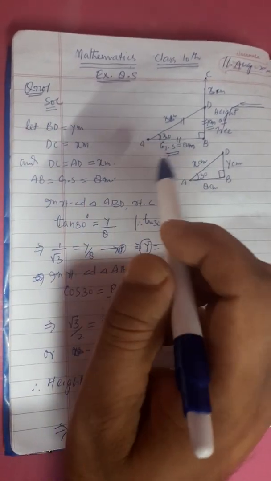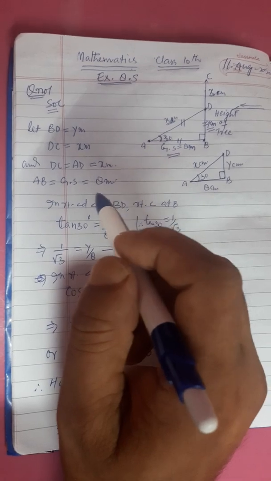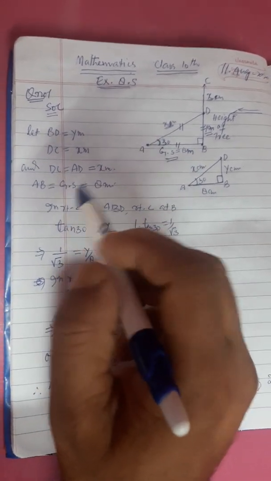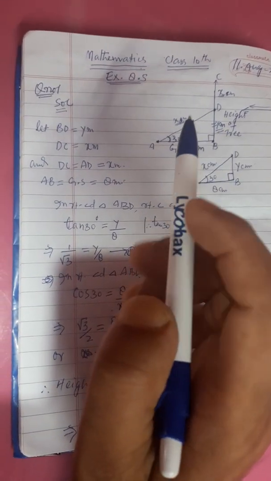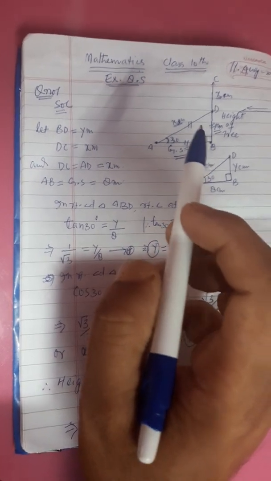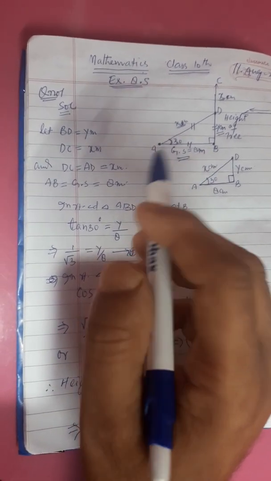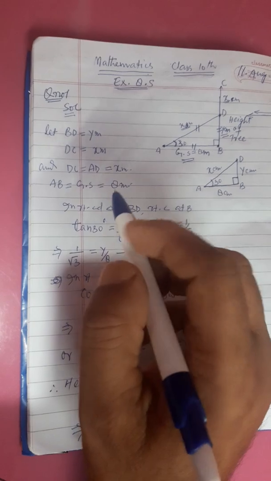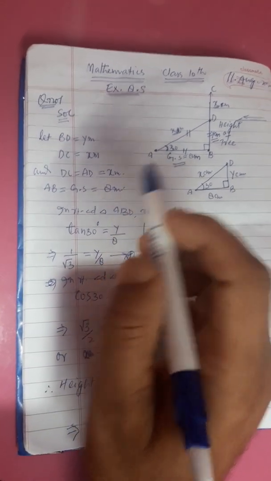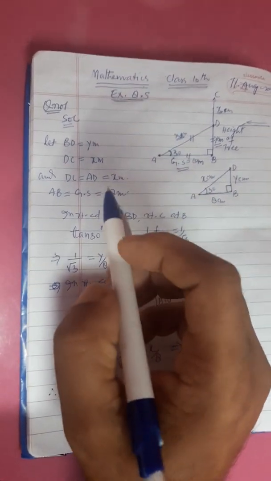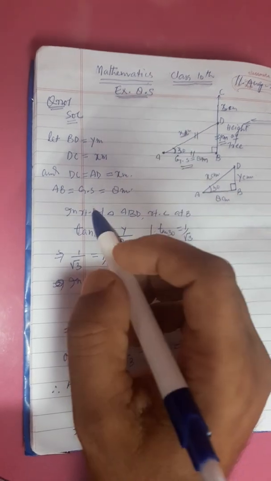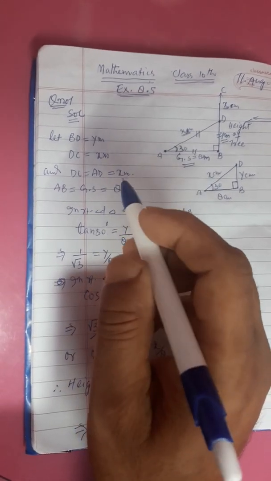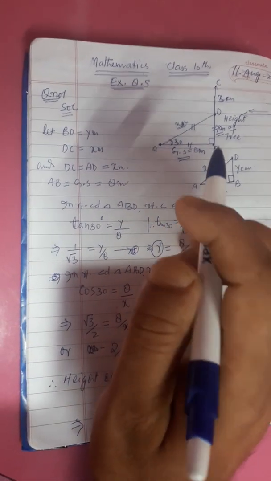And then in the solution, I write these. What is AB? AB was given and it was equal to 8 centimeter. Then this BD, I make equal to the variable Y, and DC and AD are of equal length, and that is X centimeter. Then I take this right angle triangle.